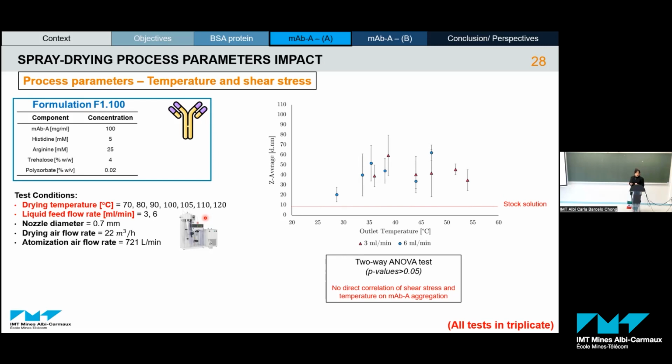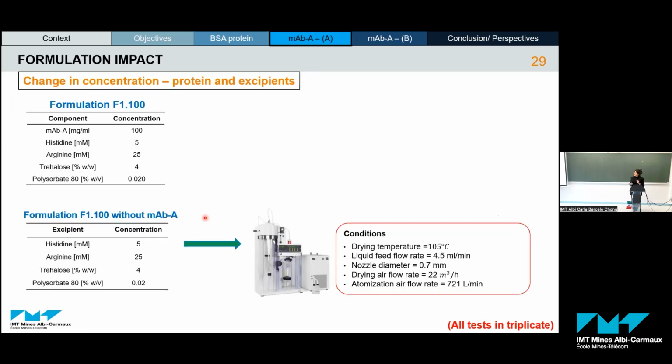And therefore, as we observe no direct correlation, we decided, instead of exploring the optimization of the process parameters, to start the study on the protein formulation. This takes us to the next part, where we will be studying the formulation impact, in terms of protein and excipients concentration.